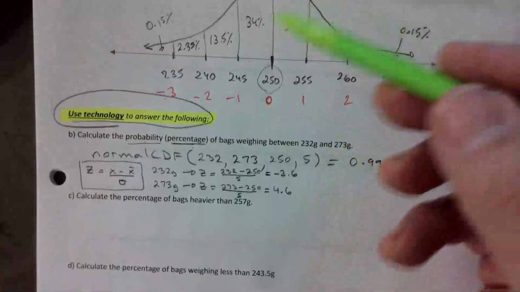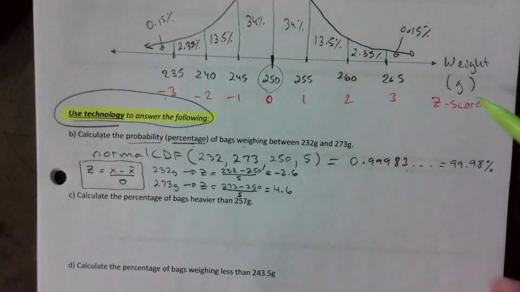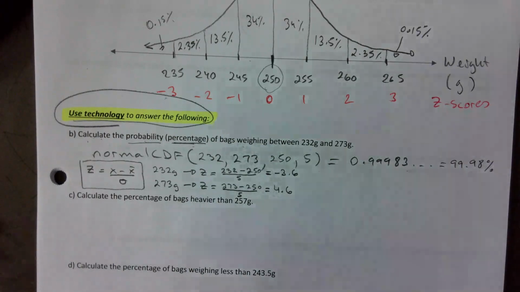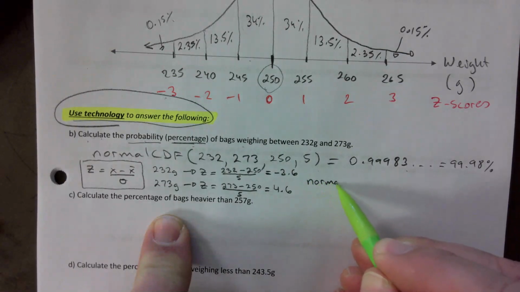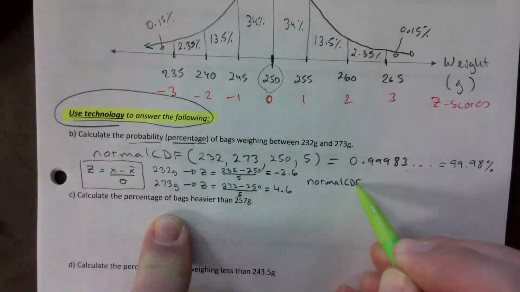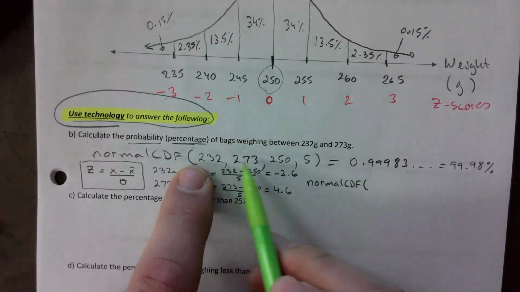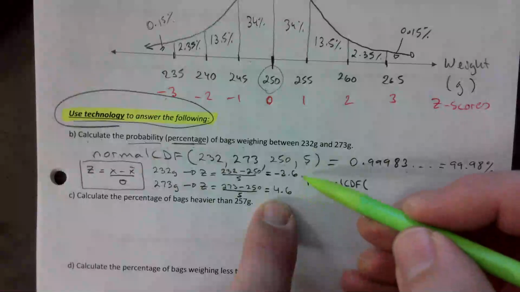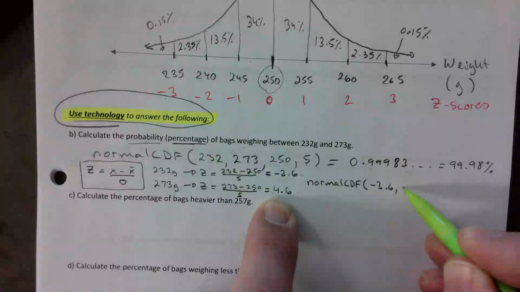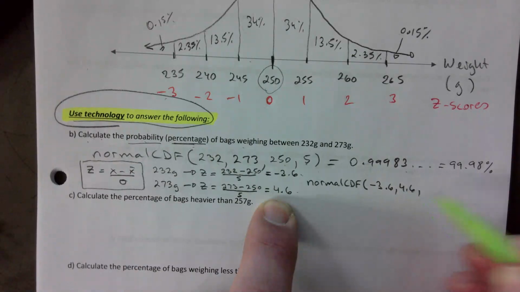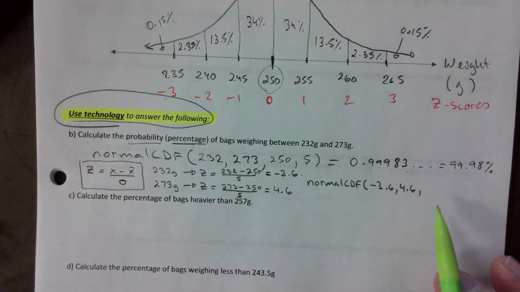Again, this is just what we usually graph, but you could have more standard deviations to the right, more to the left. Okay, now, this is the cool part. Write down normal CDF. And instead of using the weights, we're going to use these values. Negative 3.6, 4.6, and here's the million-dollar question.